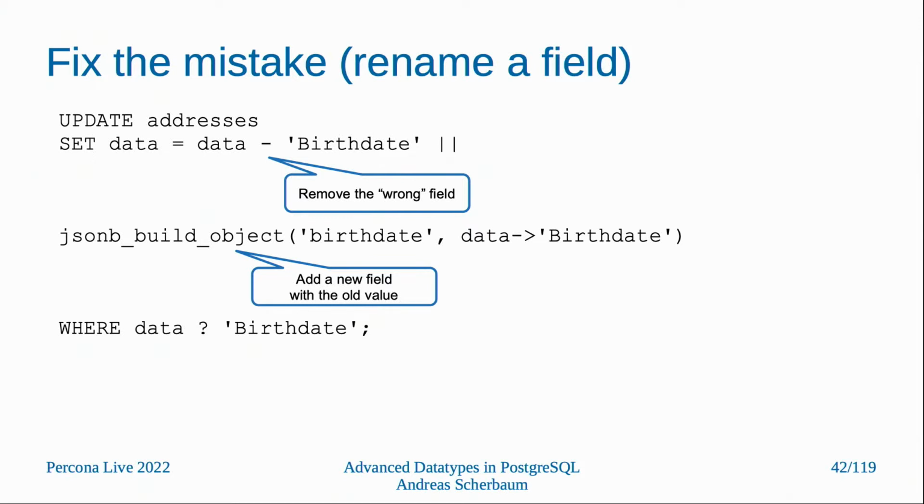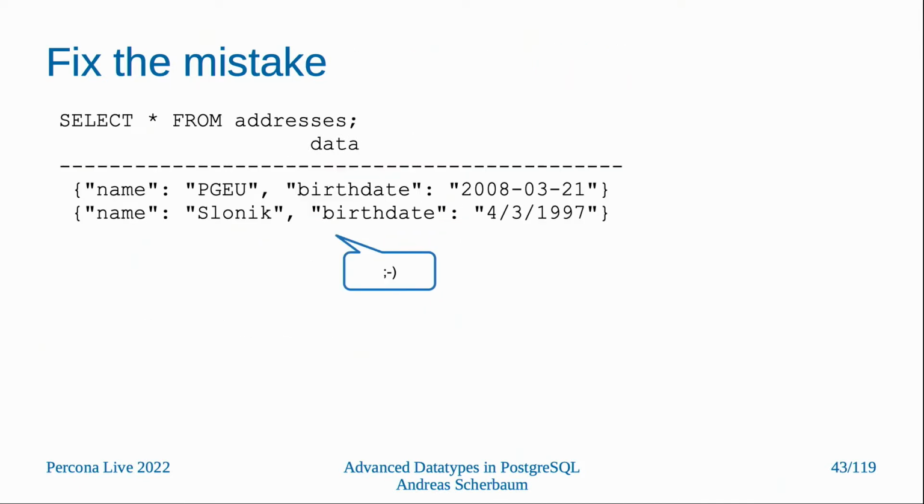So we're building on the fly a new object with the entire content, except the wrong field, but we update the wrong field with the content of the old field. All in one query. And of course, we end up having two fields with the same name now. It's quite powerful what we can do with JSON in Postgres.